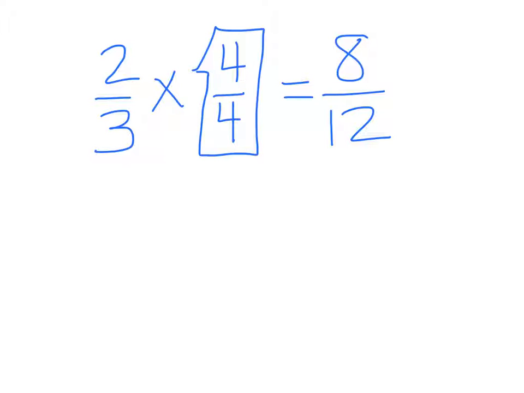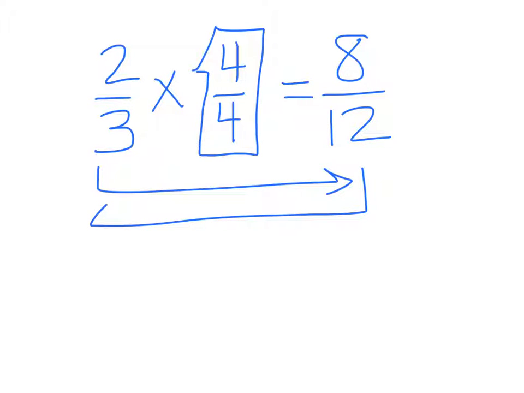Now, lesson 81 is taking Superman and shifting him back to Clark Kent. So where we go this way to find equivalent fractions, we're going to go this way to reduce the fraction.